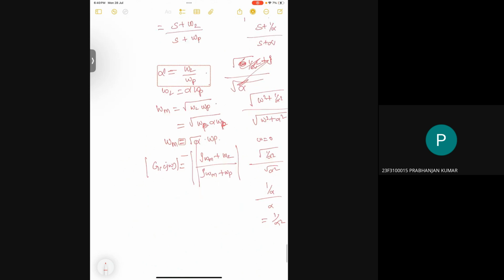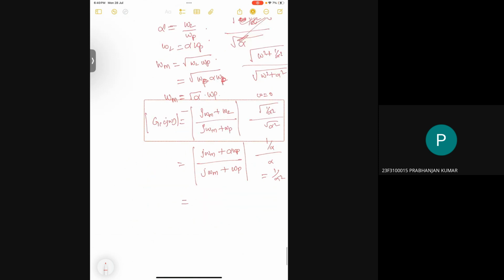Okay, sorry. Instead of this, I am going to write the omega Z in terms of alpha, keeping the same term above and below. So this will give me, at the gain crossover frequency, omega n will be equal to alpha into omega p.